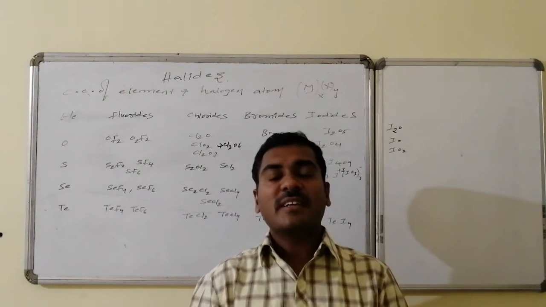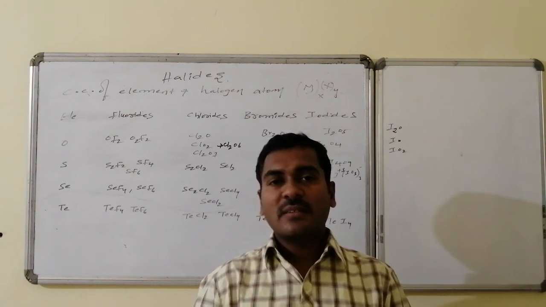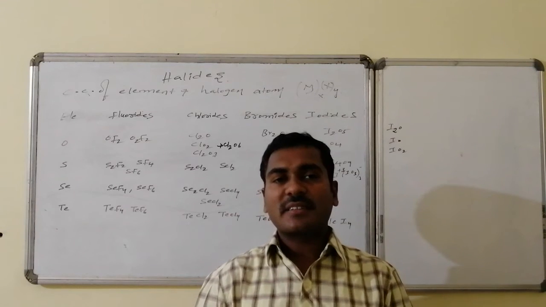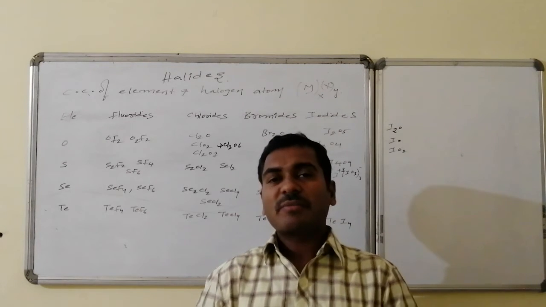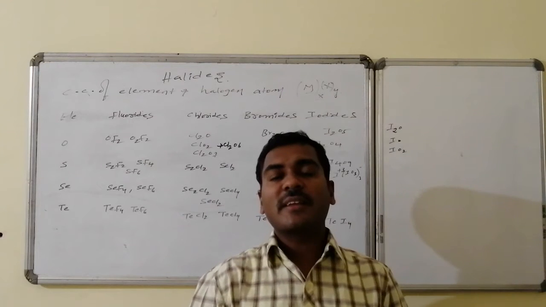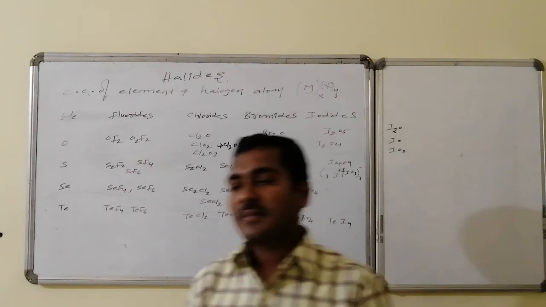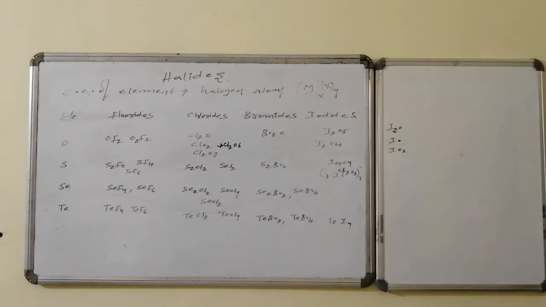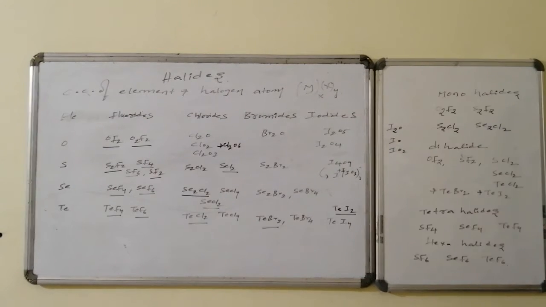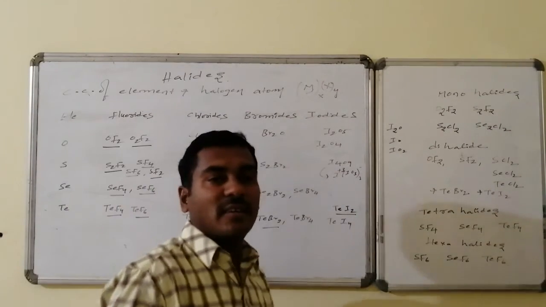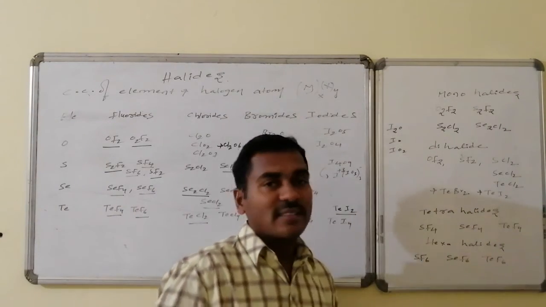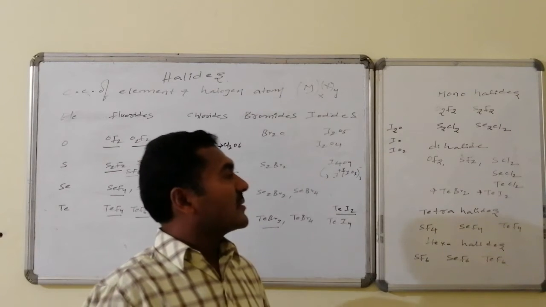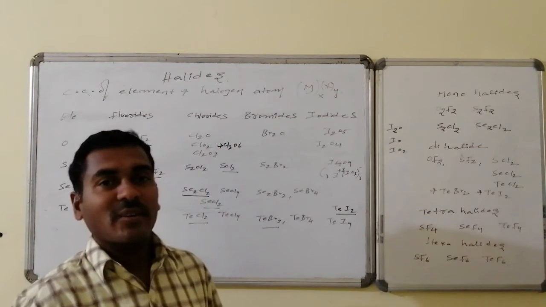Let us go for the general discussion of these halides, and before that, I am picking out some of the important halides which are eligible for further discussion. The important monohalides are dioxygen difluoride, disulfur difluoride, disulfur dichloride, and diselenium dichloride.